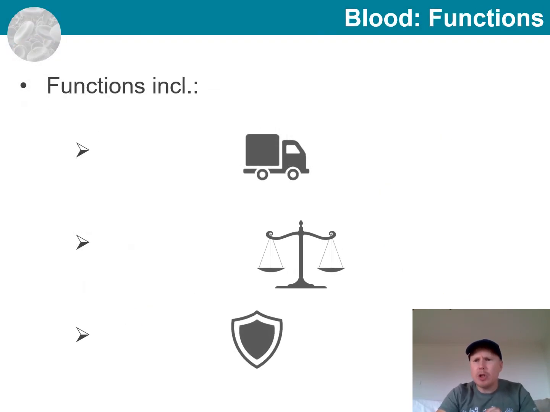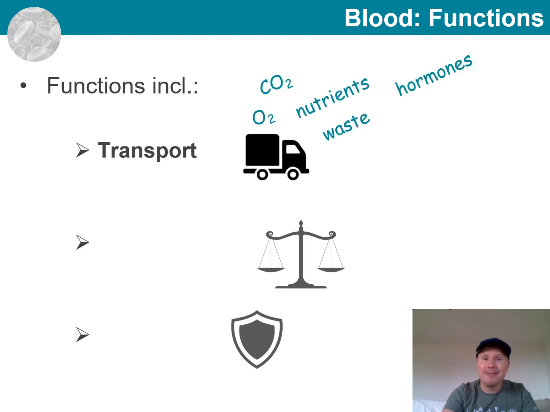Now, let's talk about the functions of blood. So the 3 that I want to highlight here especially are: firstly, blood's role as a transport media. Remember, oxygen and carbon dioxide are carried in the blood to and from the lungs and tissues of the body.